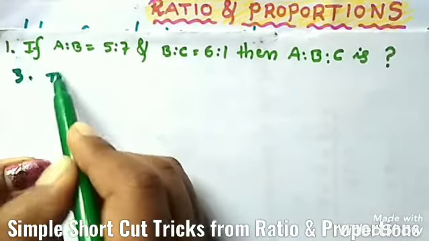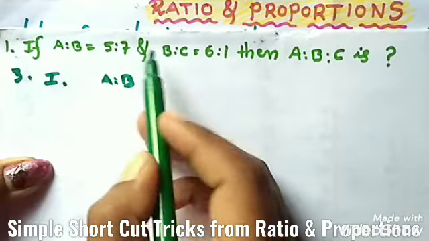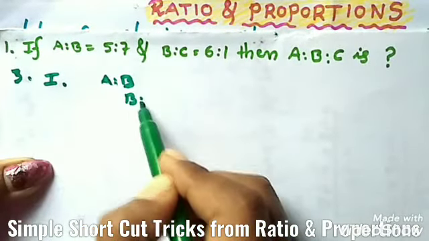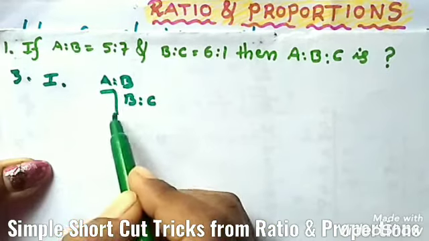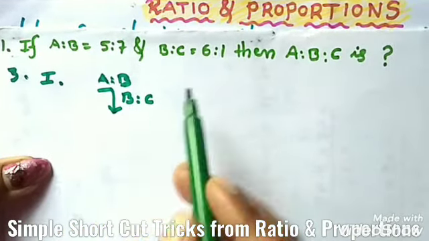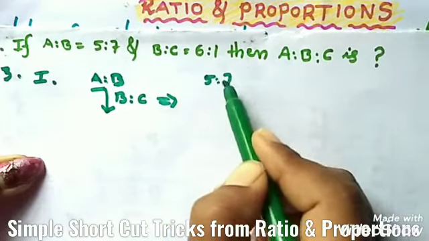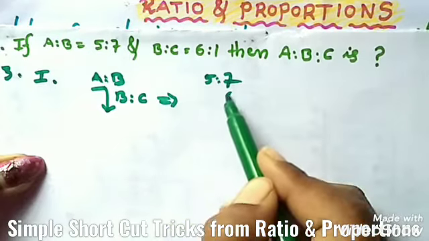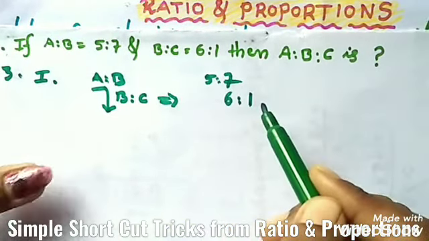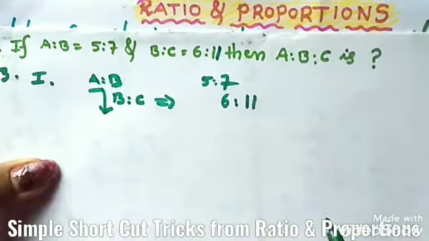In trick number 1, here is A is to B, then B is to C. You have to write like this, in this pattern. AB, and below the B again B, B is to C. And A is to B is 5 is to 7. Here B is to C is 6 is to 11. Sorry, here also 11.